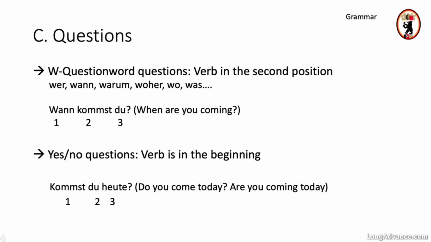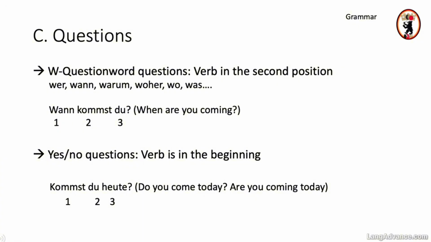All right, questions. First off, there are two types of questions, and they are the same in German as they are in English. German, however, does take the difference more seriously than American English does. The first type is W questions, and the second, yes or no questions. I will first talk about the grammar and afterward about the usage.